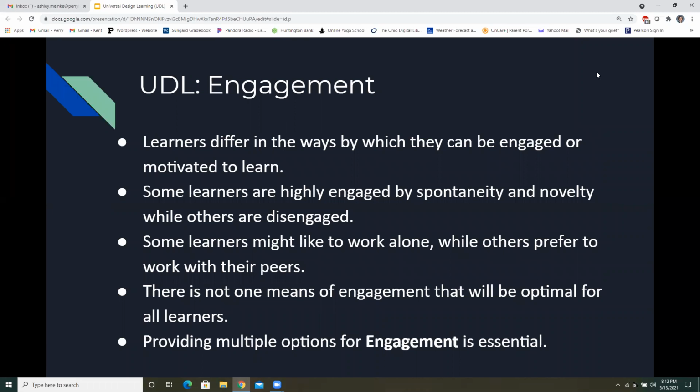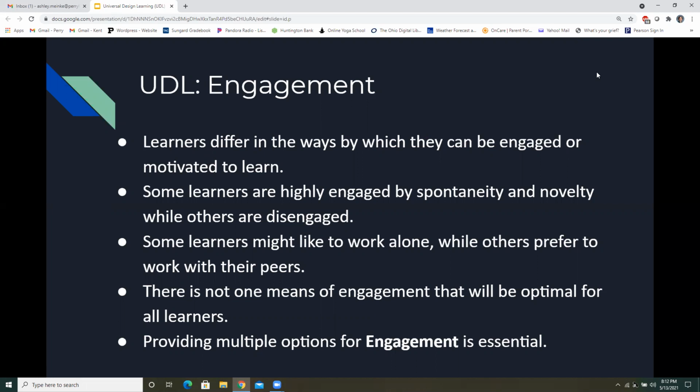So to dig a little bit deeper, what you need to be aware of with engagement under UDL is to know that learners differ in the ways by which they can be engaged or motivated to learn. Some learners are highly engaged, as you know, and they are very spontaneous and do novel things, while others remain disengaged. Some learners might want to work alone, while others prefer to work with their peers.